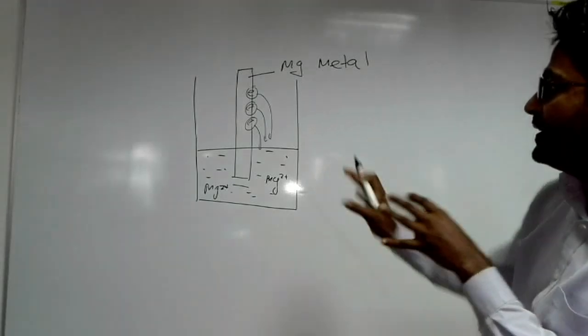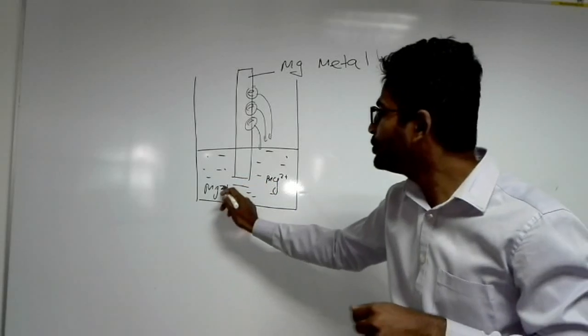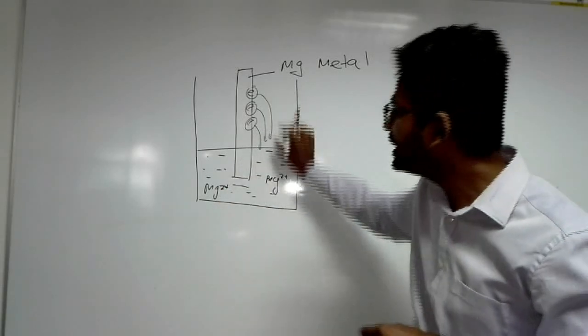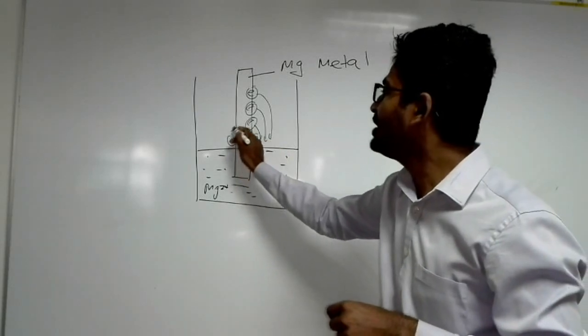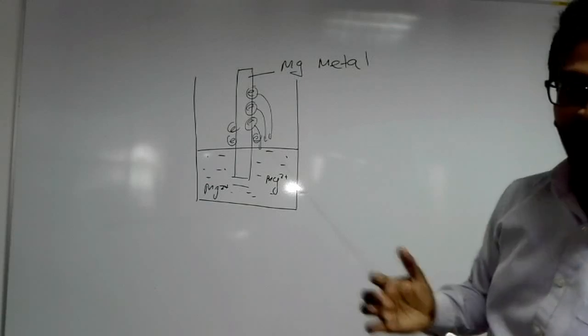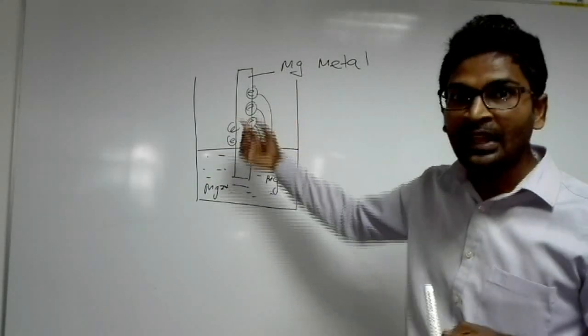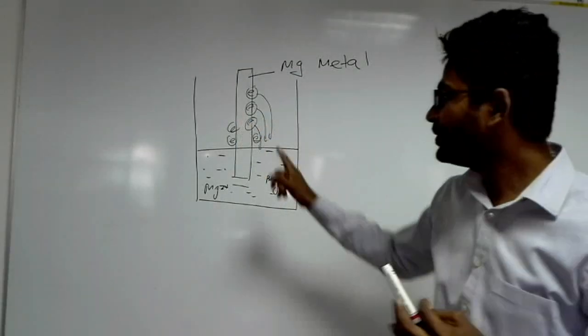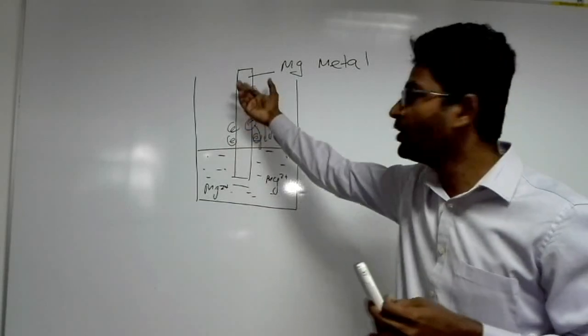In this diagram, there are some electrons around this area due to the oxidation of magnesium metal. The magnesium 2 plus ion in the solution has another ability: it can gain this electron and convert back to magnesium.